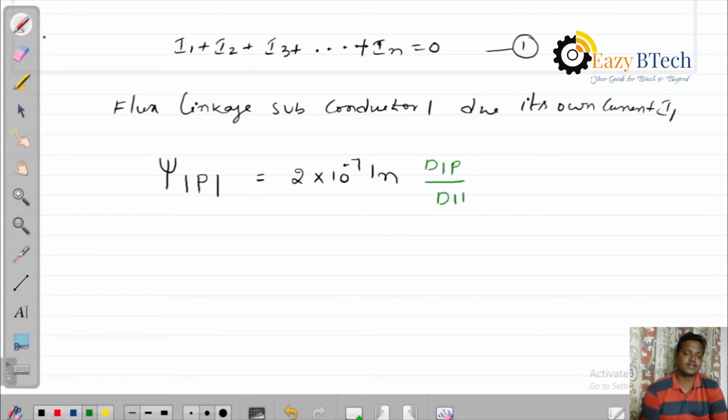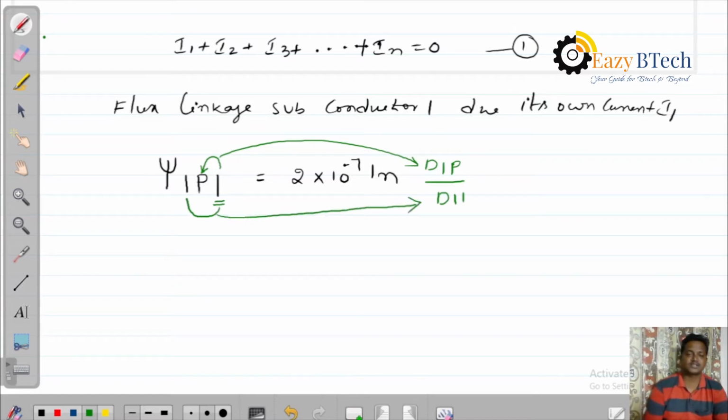How do we write the expression? First, we have to write which current it is: the first subconductor current. Therefore, the distance between 1 and P is the numerator, and the distance from 1 to 1 is the denominator. Keep in mind this shortcut, it is very useful in examinations.